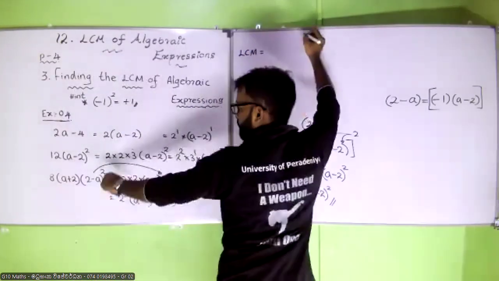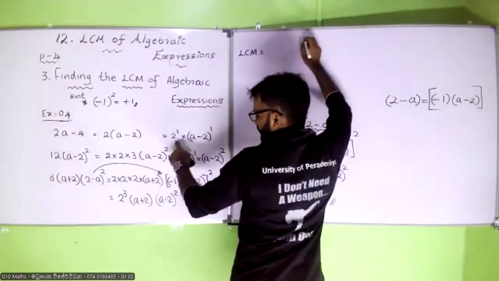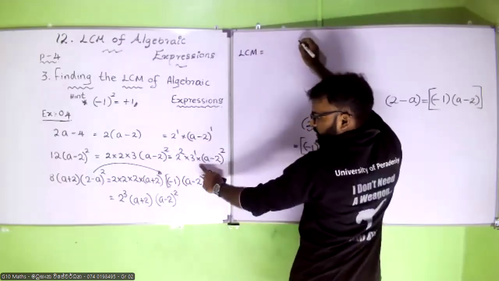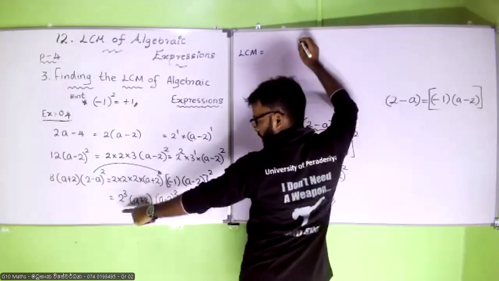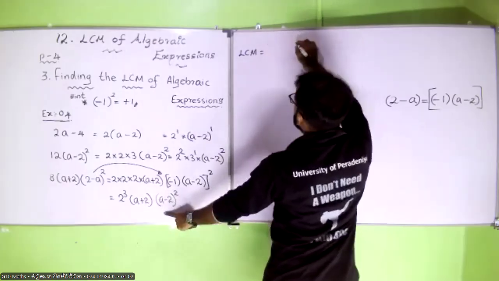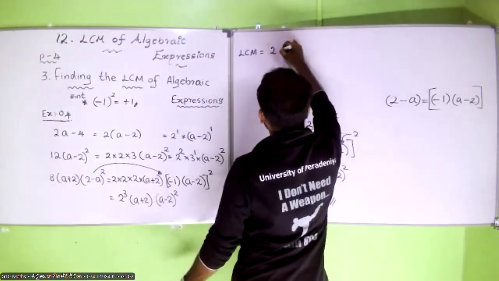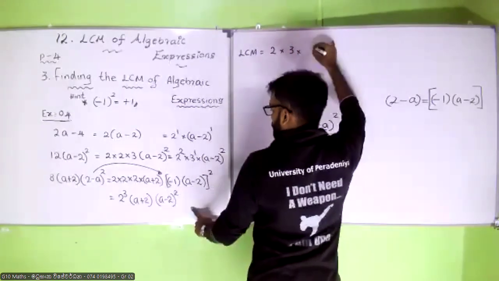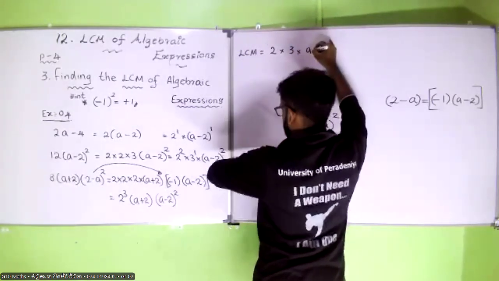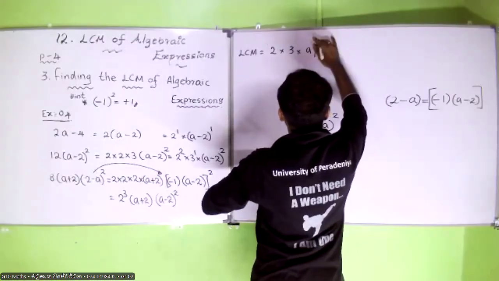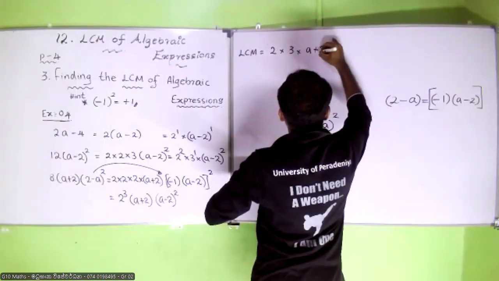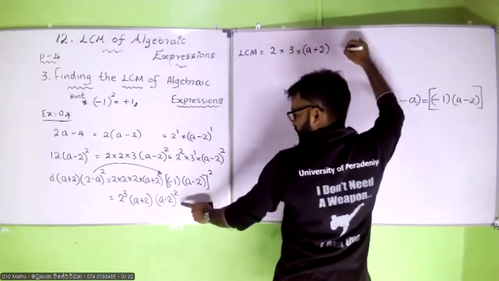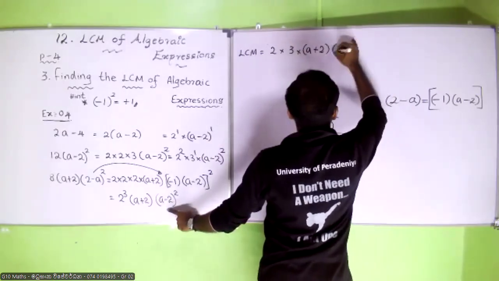Right? How to find the LCM? Different factors: 2, 3, a plus 2, a minus 2. Right? Here we have 2, 3 multiplied by a plus 2, a plus 2, a minus 2.